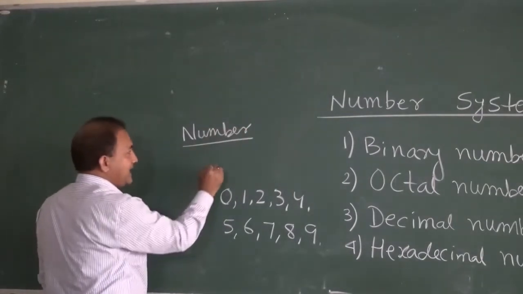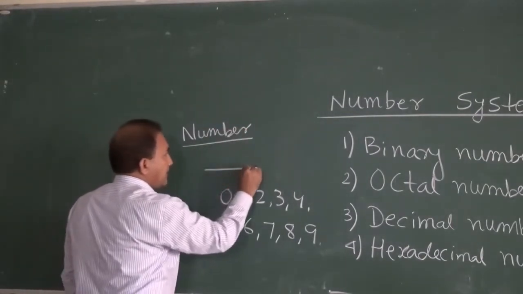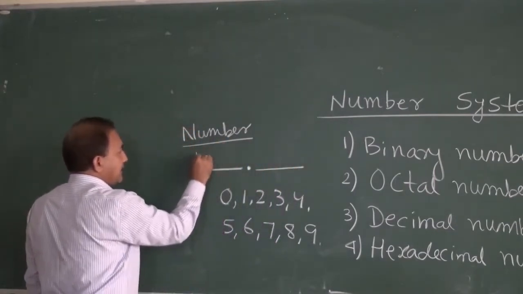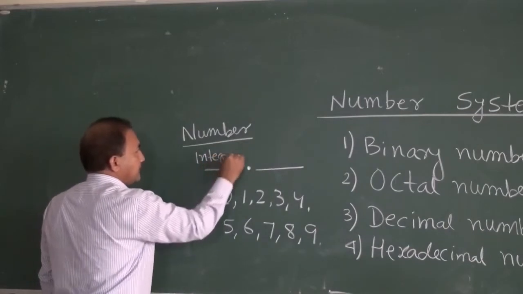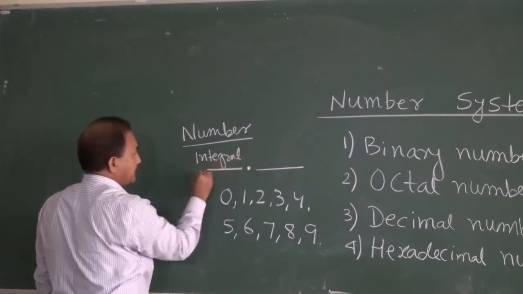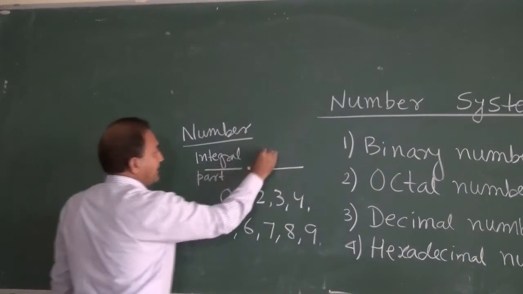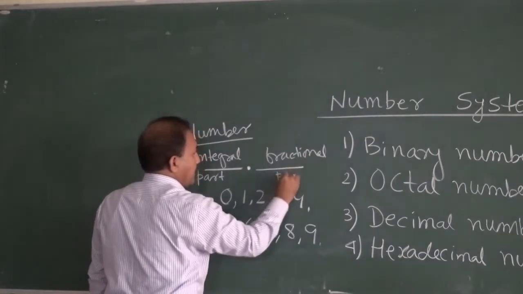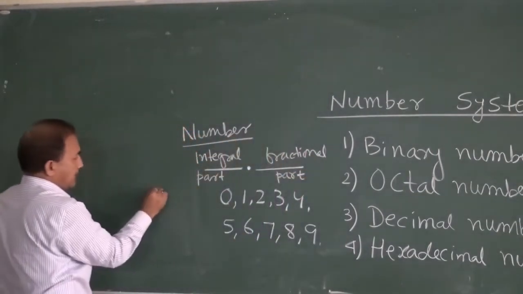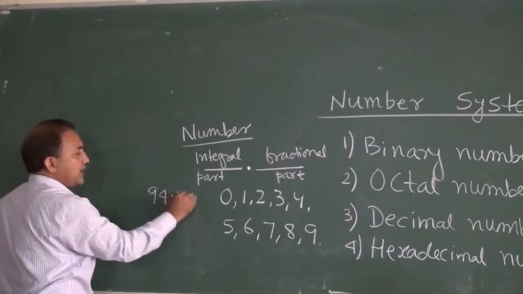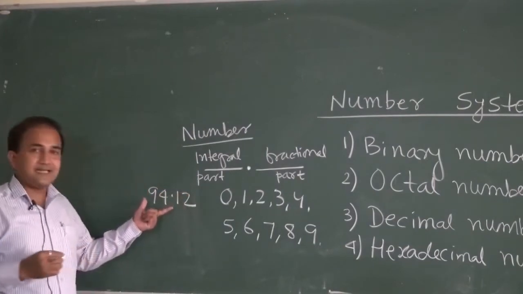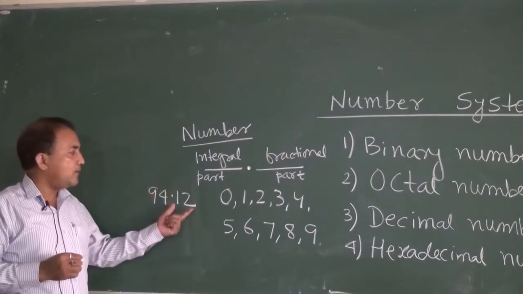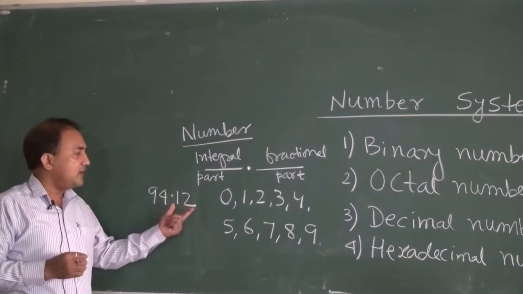You can represent any number by using an integral part and a fractional part. For example, 94.12. In this number, 94 is integral part and after the point it is 1, 2.